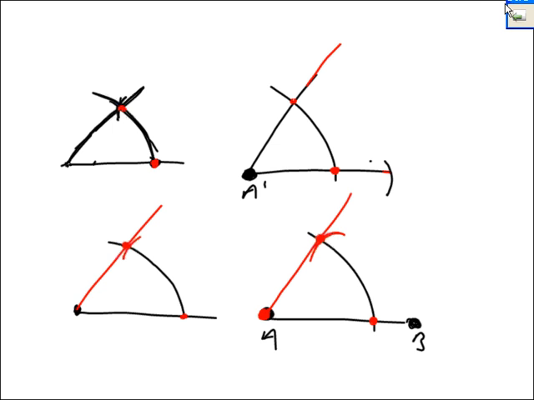And you do the same thing to go from A to C. Put your compass at A, open it up until it touches at C, and do the same thing. Put your compass at A prime, open it up, it crosses at C, erase the excess.